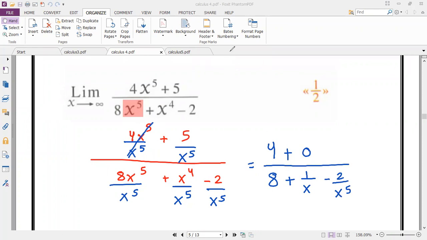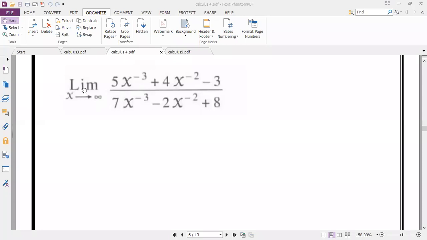And 1 over x equals 0, and negative 2 over x to the power of 5 equals 0. So it will be 4 over 8, which is half. That is the limit of this function as x tends to infinity.